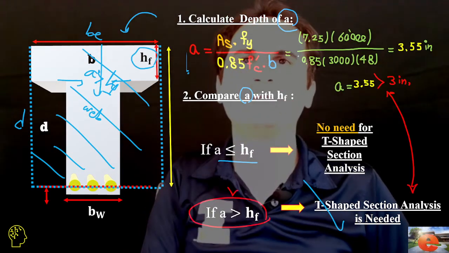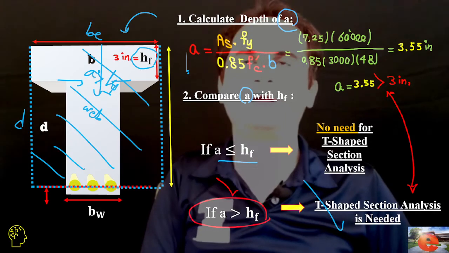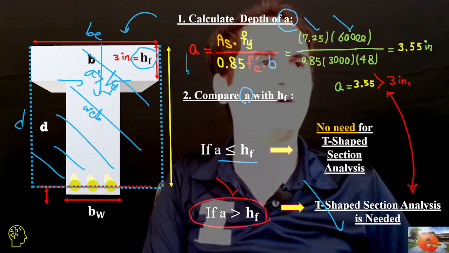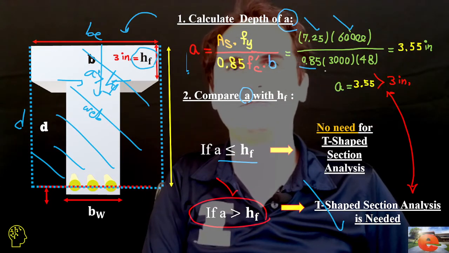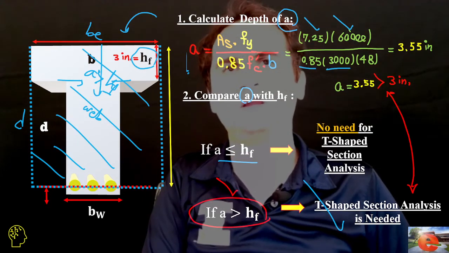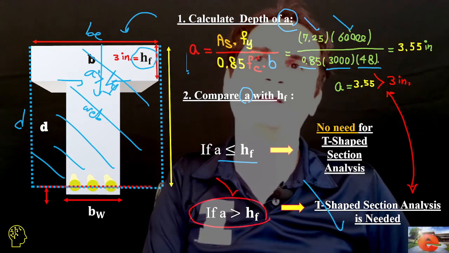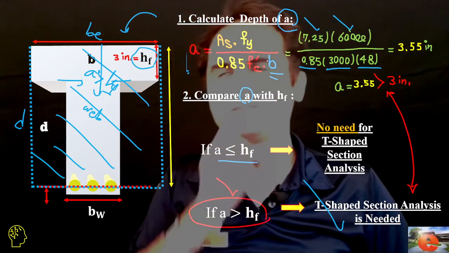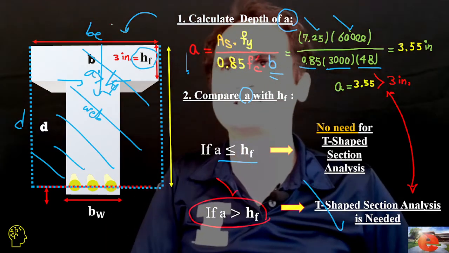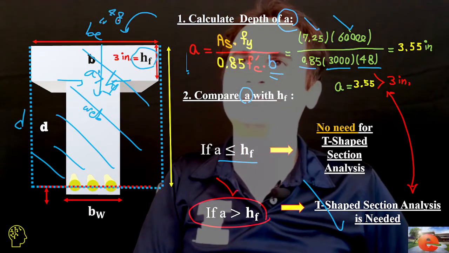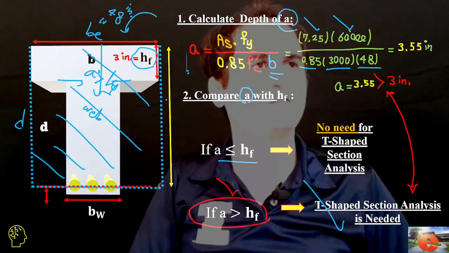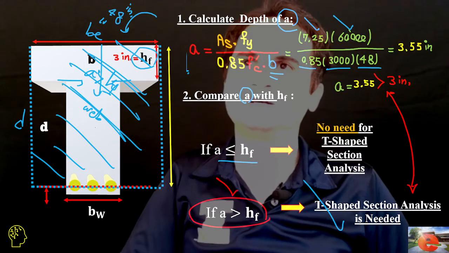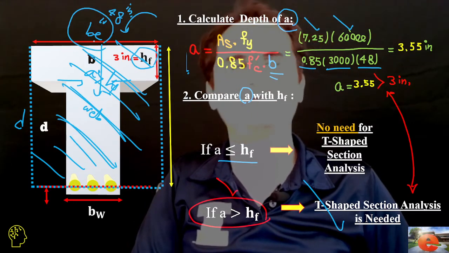So in our problem, area of steel provided, 60,000 is the Fy, strength of steel, 85% of F prime C times B, which is provided to be 48. That's the effective flange width, because when you create the rectangle, that's based off the width of flange.